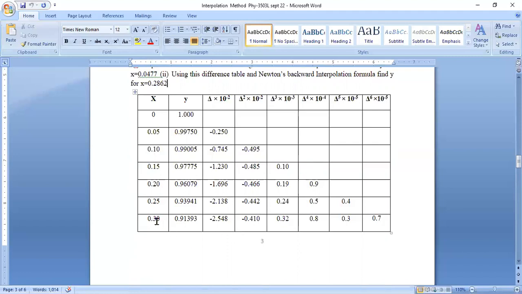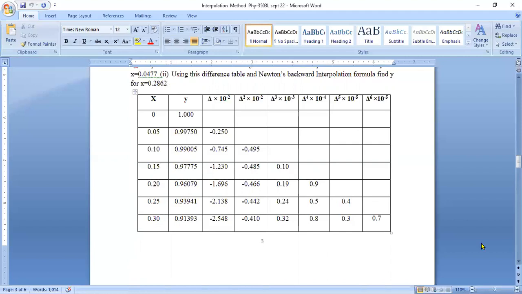And your xk is 0.30 because your x, which is to be interpolated, is very close to 0.30, and because your x is lying at the end of the table, it is not lying at the beginning of the table, we have to use Newton backward formula.